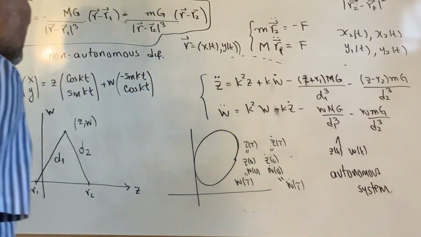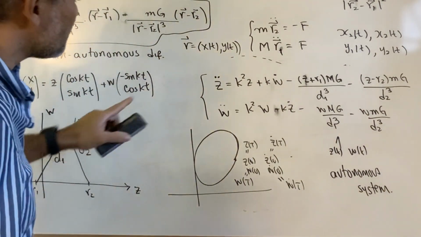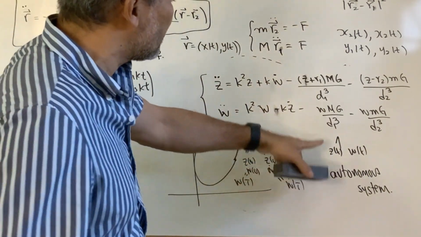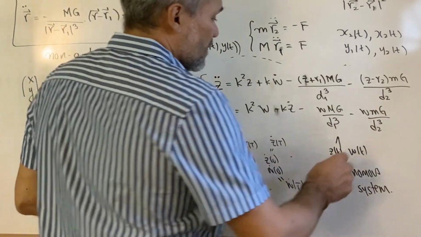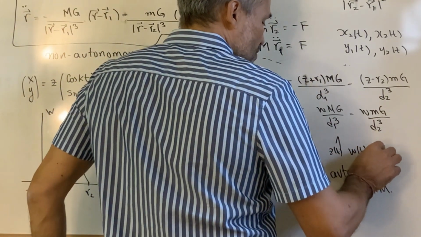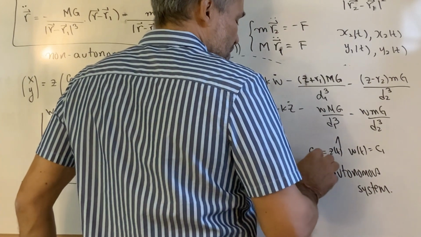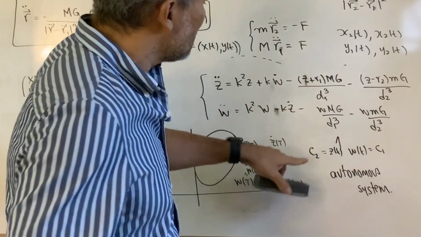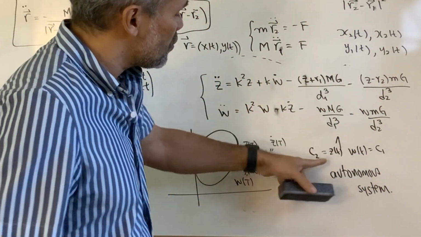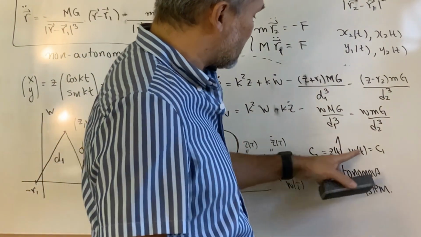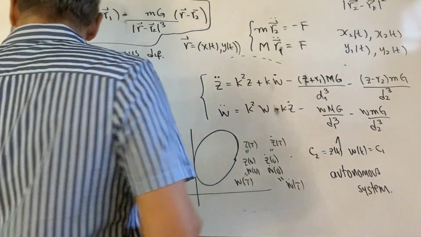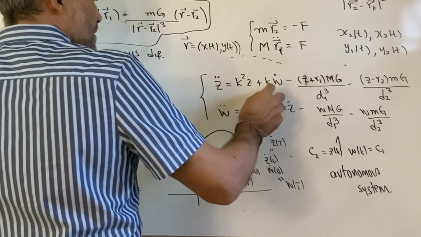Actually, we can try to find the equilibrium solutions. We can try to find solutions such that this is a constant and this is another constant. If you want to look for solutions in which C is fixed and W is fixed, then these derivatives cancel out.